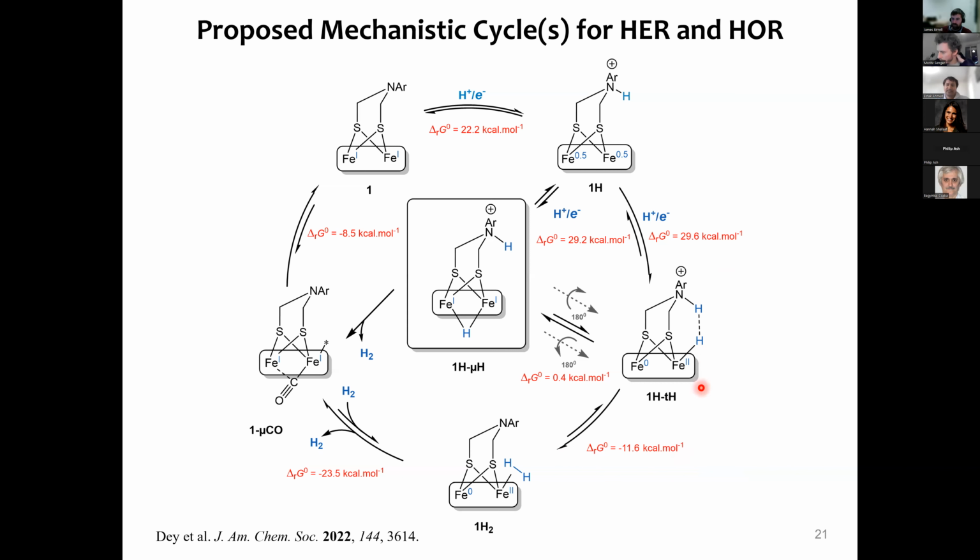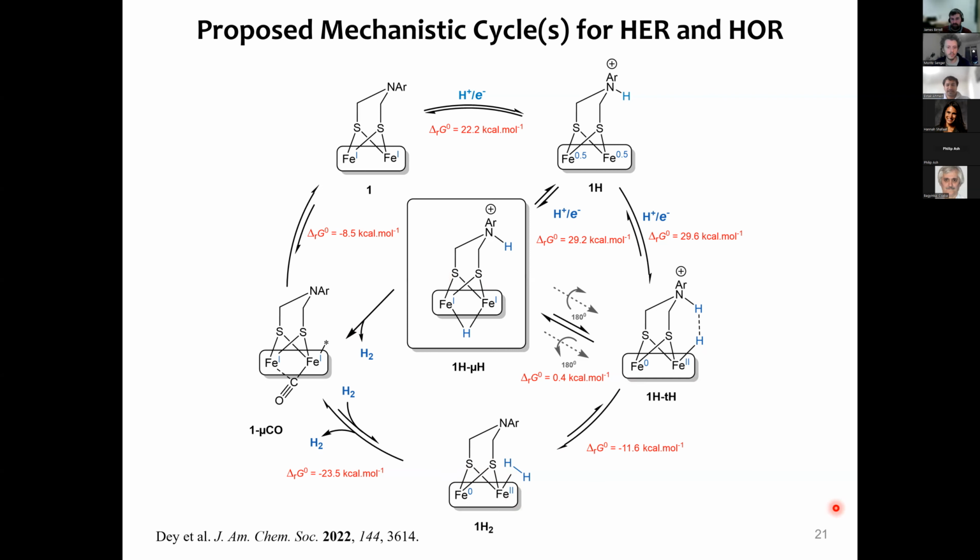And then this hydride and the proton combine together. Okay, I should mention this, like the bridging hydride species and the terminal hydride species are almost thermoneutral in our case. Okay, next, the hydride and the proton combine together to form this molecular hydrogen, and in eliminating the hydrogen, complete the catalytic cycle.